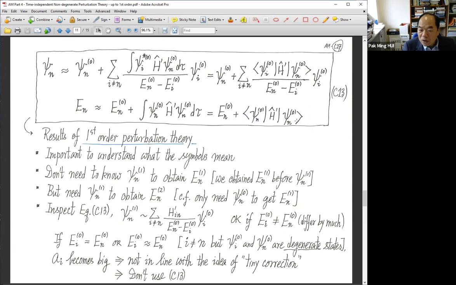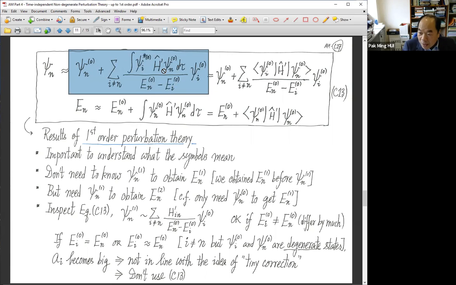And now we have a new result, the first order correction in the state. Okay. The thing in front is our coefficient AI. Do you see? Okay. H prime appears once. So now you understand this is the first order correction due to H prime to the state.